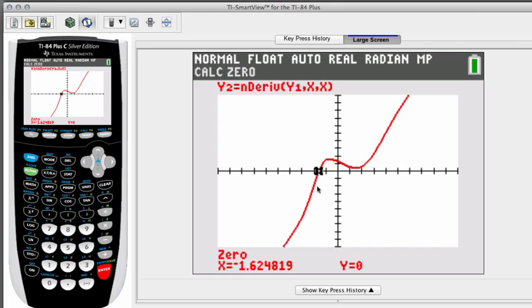So you have an original function that switches from decreasing to increasing, thereby creating a minimum at this x value of negative 1.625.